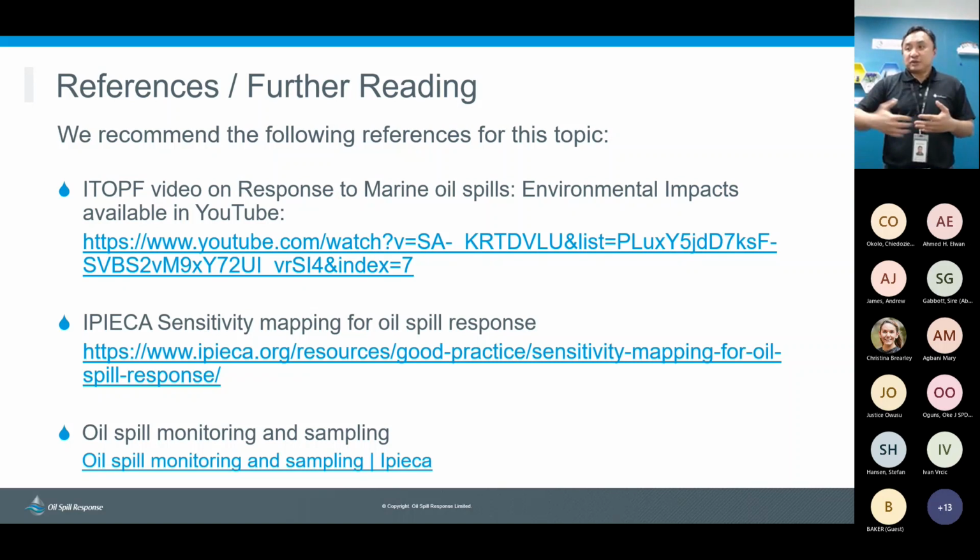Another example is a mangrove area. If the spill happens in a mangrove area, then definitely you will be restricted on the use of certain response options. An example is the use of dispersant. You will not be able to use it because it might affect the habitat within the vicinity of the mangrove area.